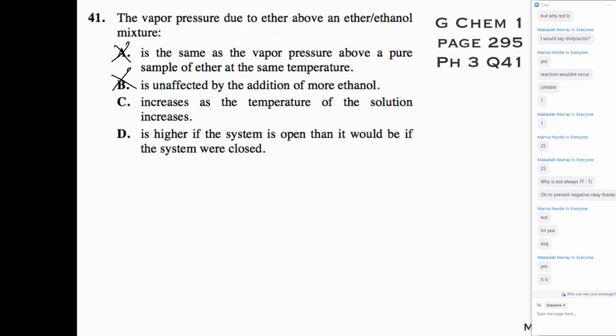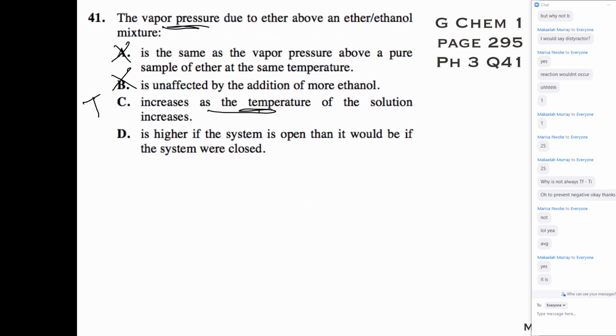Okay, does it increase as the temperature of the solution increases? Is that true if you heat something up, true or false? No matter what it is, a mixture or pure compound, if you heat it up, more is going to evaporate. So you get more vapor coming off when it's more temperature.